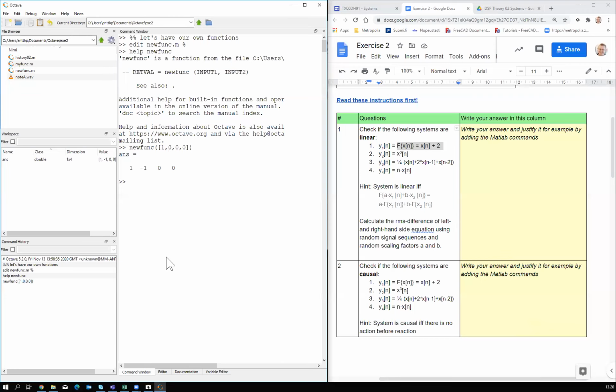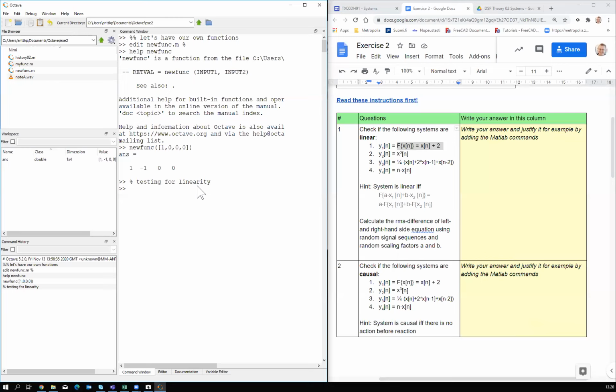So this is my function, and I would like to now know if the system is linear. Testing for linearity. The system is linear if and only if we have, so this is my test vector, well, that's not yet my test vector.